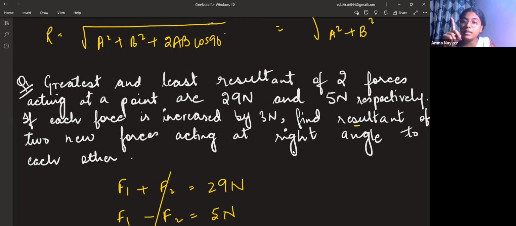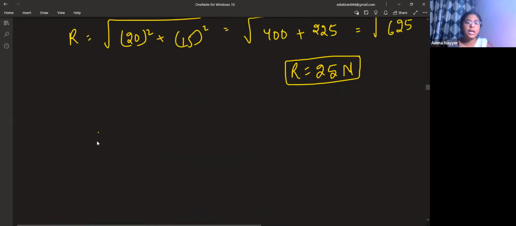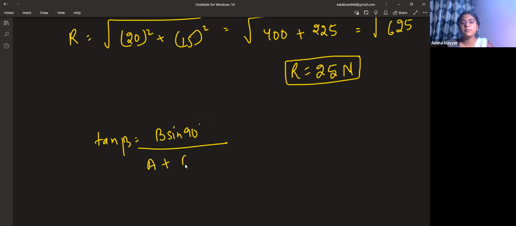So resultant means vector along with their direction. So what should I write the value of tan beta as? b sine 90 divided by a plus b cos 90 degrees. See, b sine 90 becomes 1, so b divided by a.